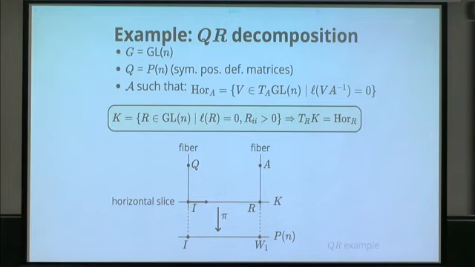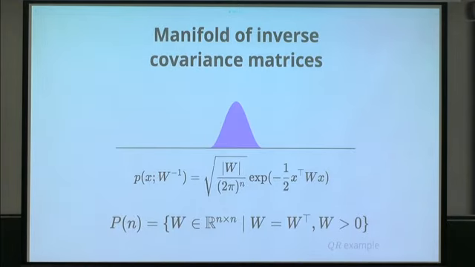Okay, let me tell you some details of how this looks, because actually the metric you get downstairs corresponding to this nice metric upstairs is the Fisher-Rao metric. And how does the Fisher-Rao metric enter into this? Well, remember I said we have the symmetric positive definite matrices downstairs, right? That's our manifold Q. And if you think of these symmetric matrices as defining multivariate Gaussians, then you know that on the space of multivariate Gaussian distributions there is a canonical metric, the Fisher-Rao metric.